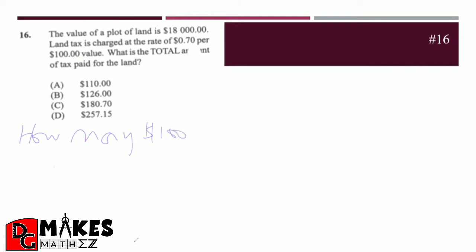So here we go, simple. 18,000 divided by 100 is going to give us 180. How many $100 can we get out of 18,000? 180.